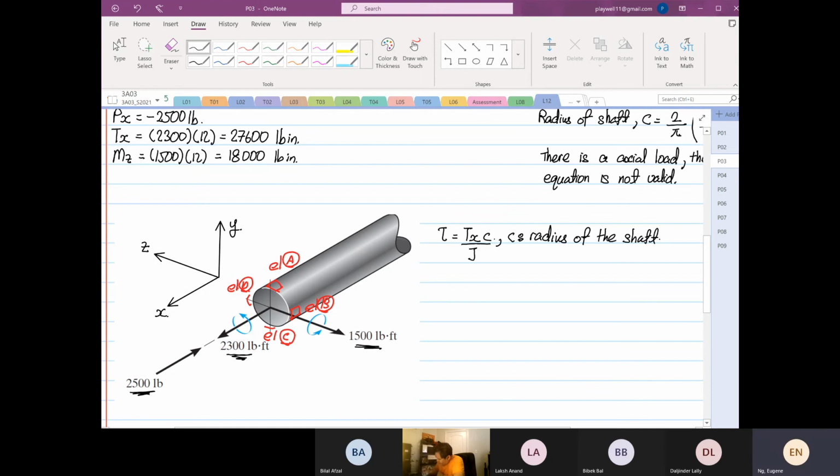Okay, and then we have a normal stress, right? We have a normal stress in the x direction, which is contributed by the axial load, which is minus Px over A, right? And A is the cross sectional area of the shaft.